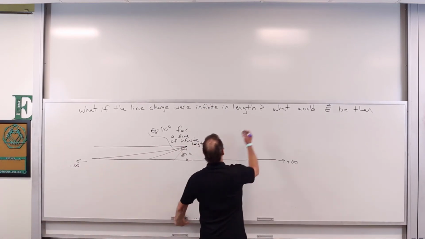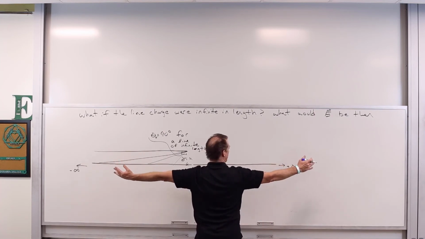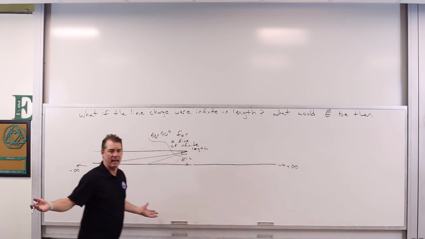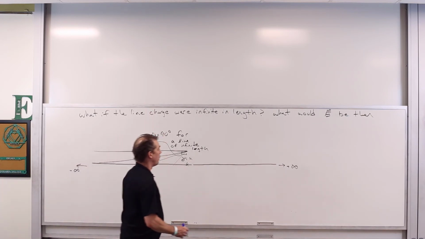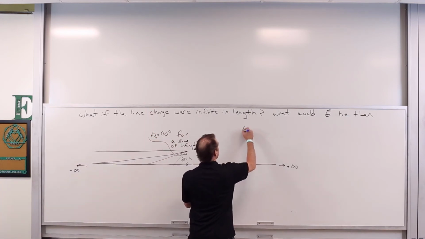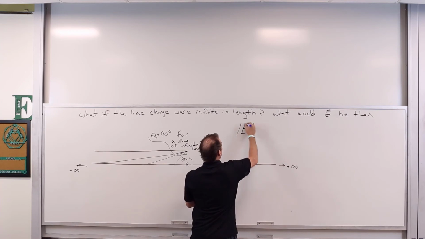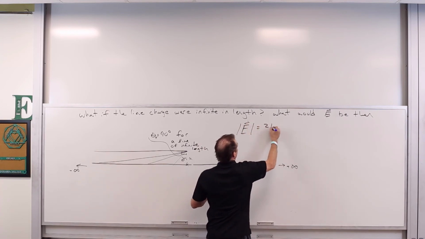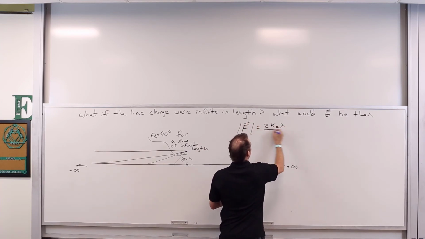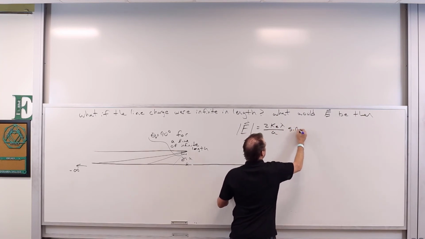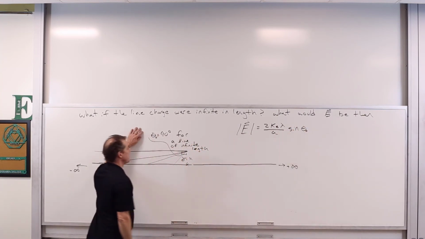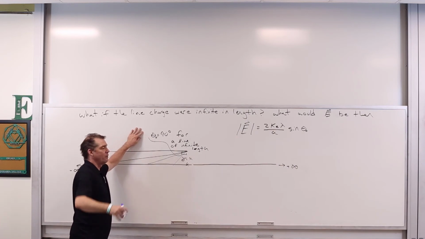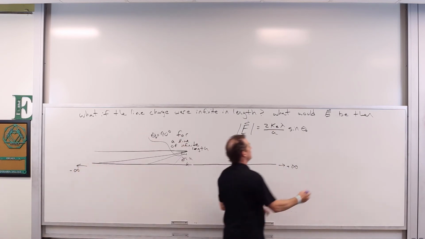So if we go ahead and say, what's the electric field? We still have symmetry on either end. The x component ends up canceling out, and we're only left with, in this orientation, a y component. And we already know that its magnitude is going to be equal to 2 k sub e lambda divided by a times the sine of theta sub 0. Well, theta sub 0 is 90 degrees. What's the sine of 90? 1.